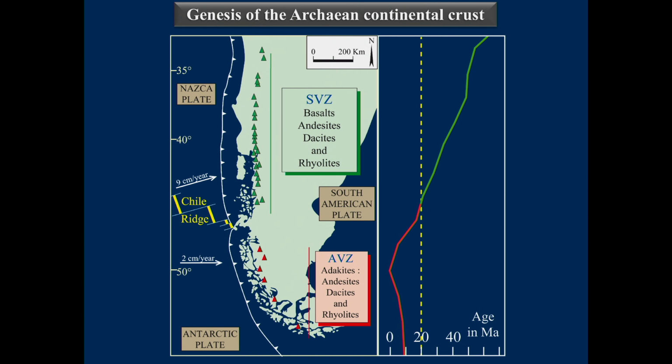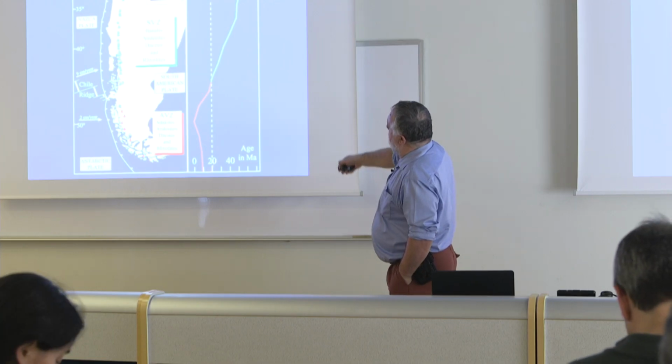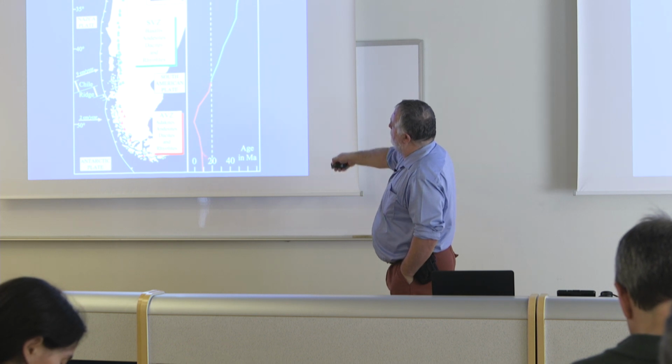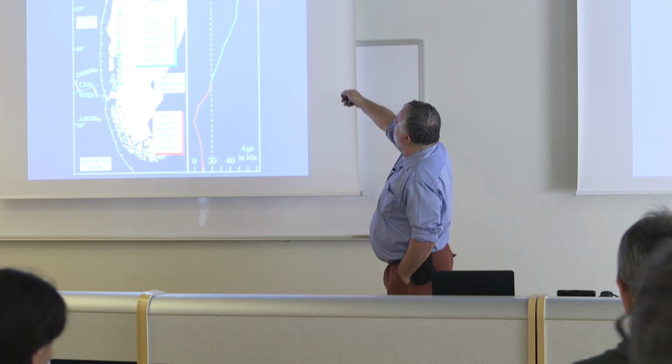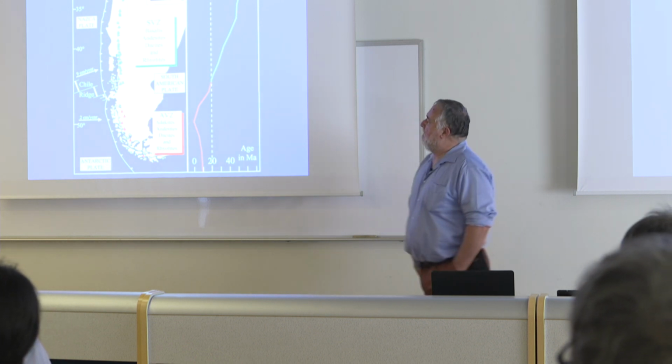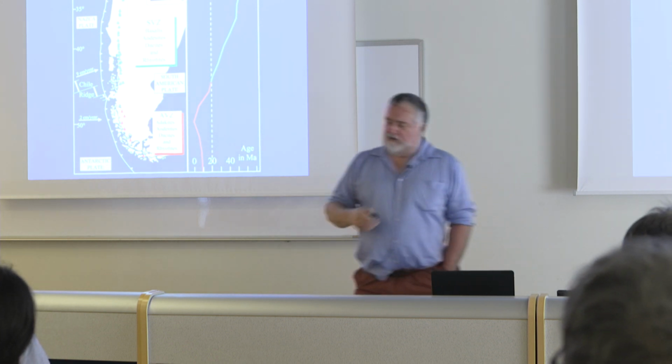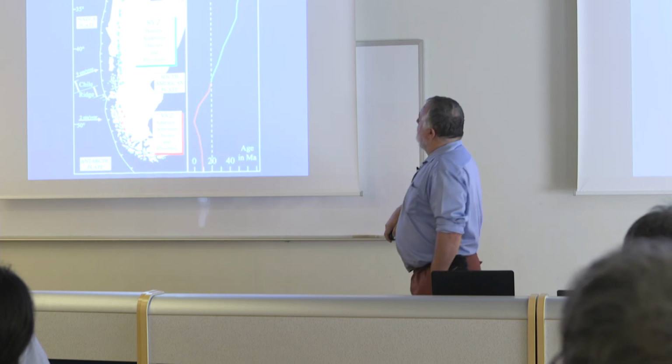And we can see that to the south of Taitao here, we have subduction of a very young oceanic crust, younger than 20 million years, and to the north of an old oceanic crust, older than 20 million years.